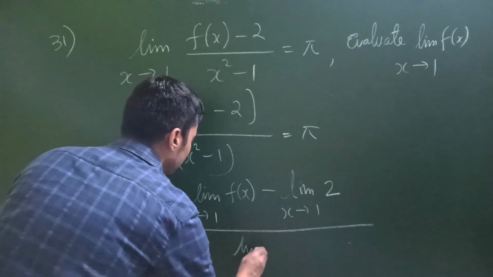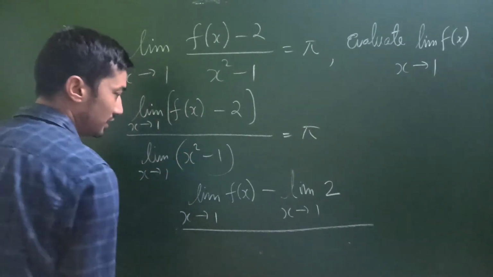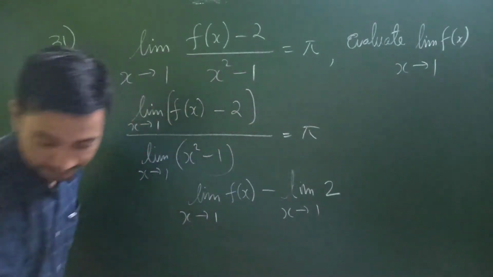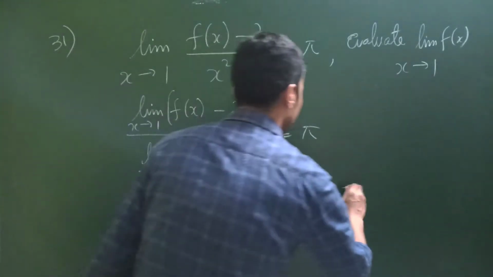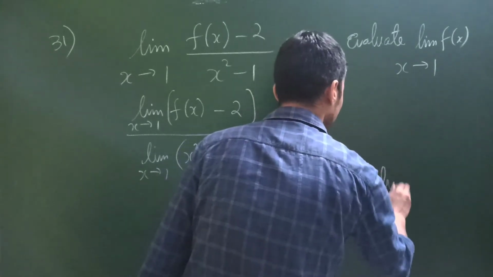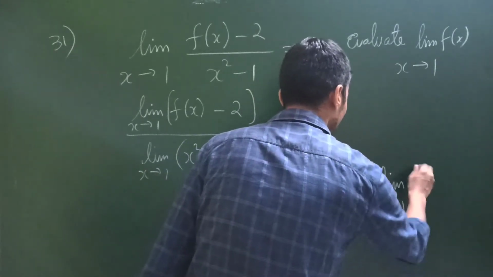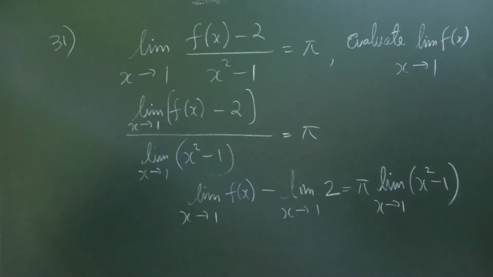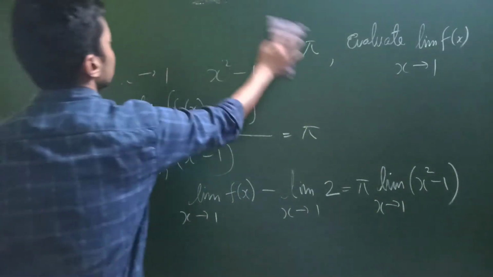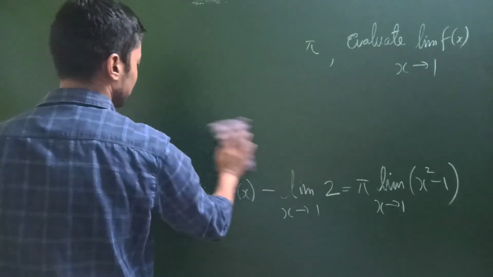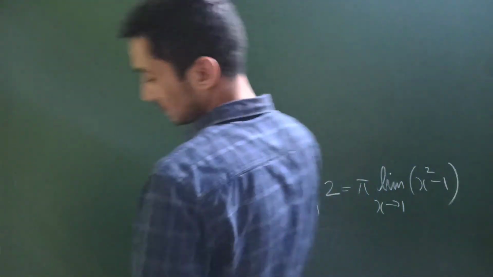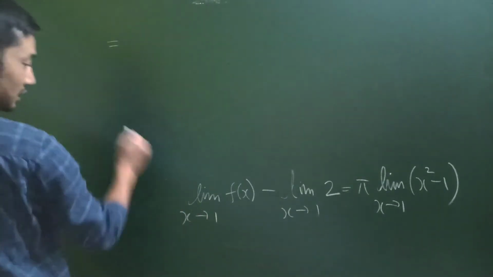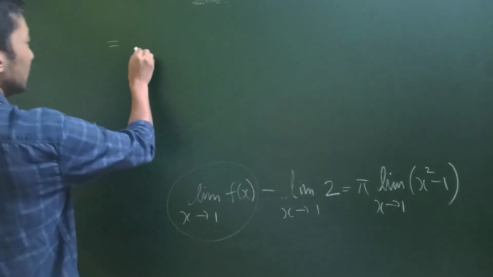Here also, maybe what I'll do is cross multiply it on the other side. So that's going to be pi into the limiting value as x tends to 1 of x squared minus 1. Alright, so then, this is what we are supposed to find out. So let's leave it as it is.